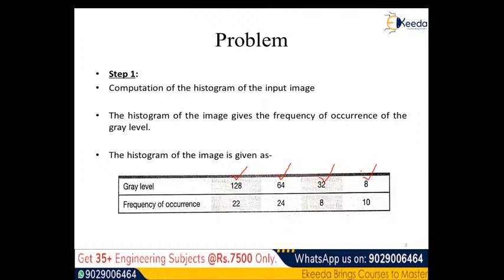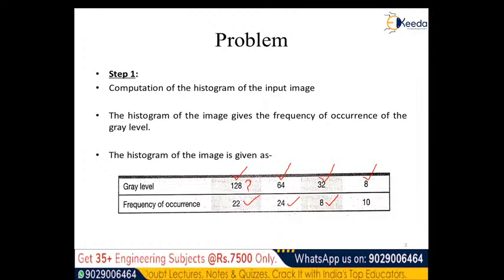These are the only 4 gray levels used in the input image that is to be segmented. When we count how many times 128 occurs in the image plane, the answer is 22 times, whereas the pixel intensity 64 occurs 24 times.